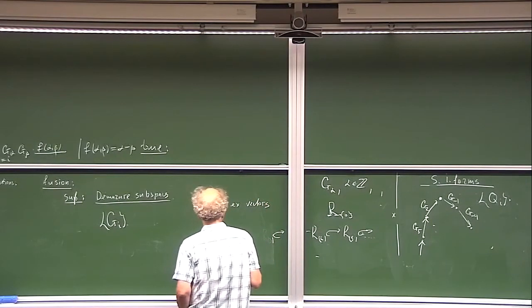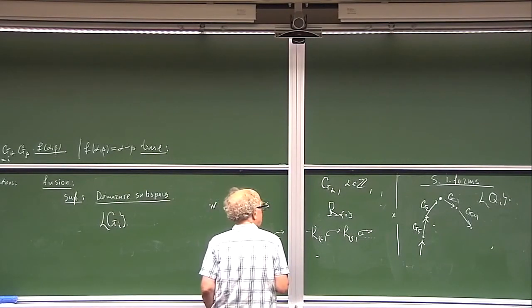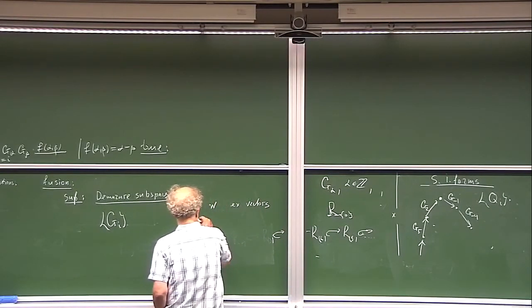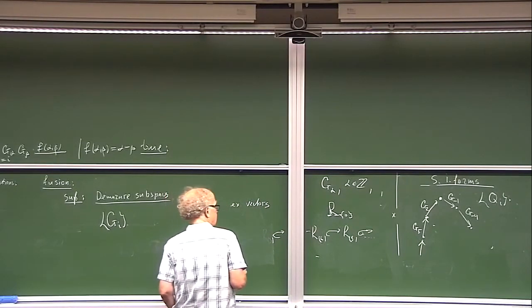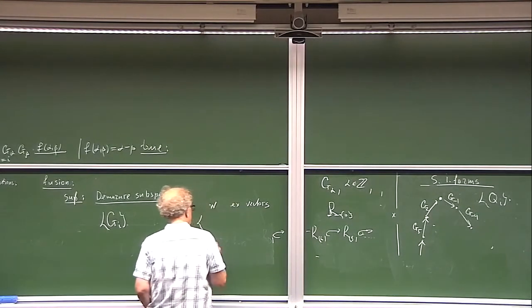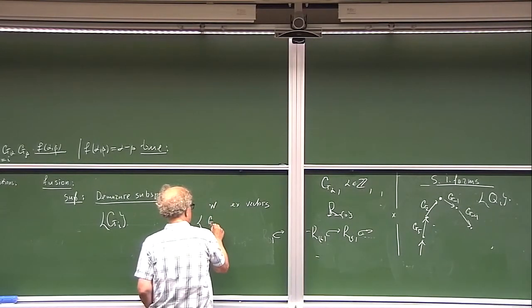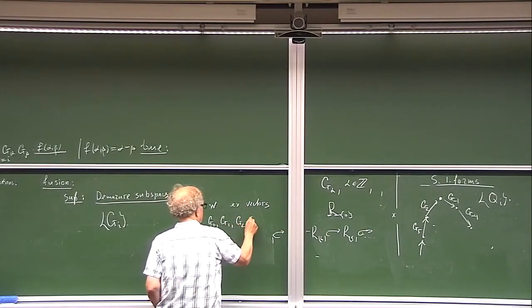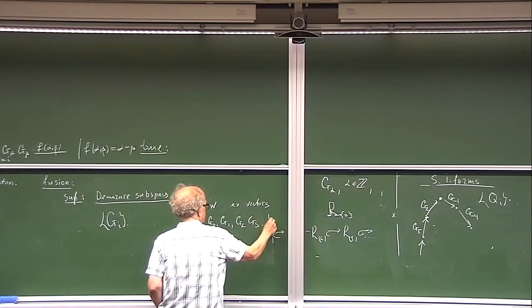And after that, I apply to this extremal vector the annihilation operators. More precisely, I want to act by the algebra generated by the operators G0, G1, G2, G3, and so on.